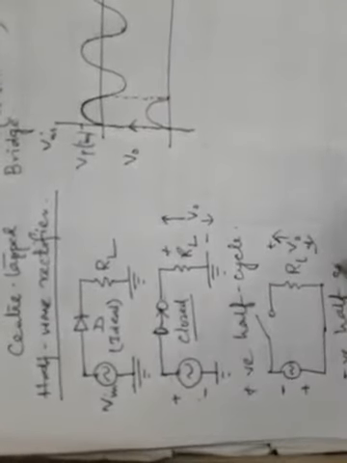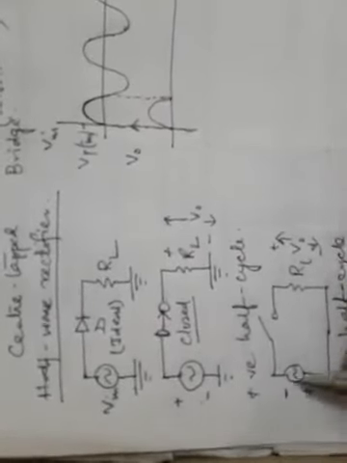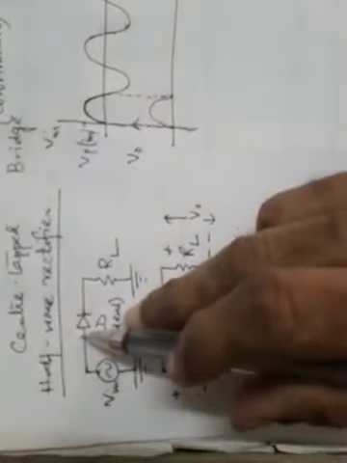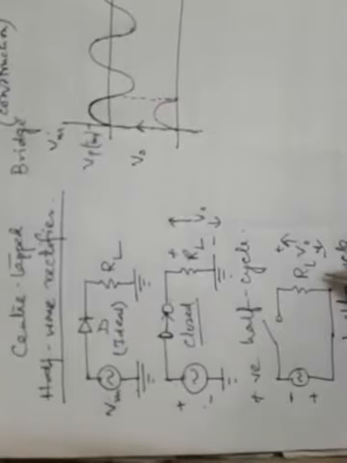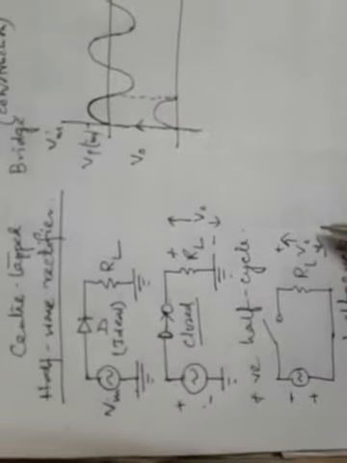In this case, the diode is reverse biased because of minus at this side, and this is the P side. So the P side is connected with the negative of the source. That means the diode is acting as an open switch, it is reverse biased. So no current will flow in the load resistance RL, and the output voltage will be 0.